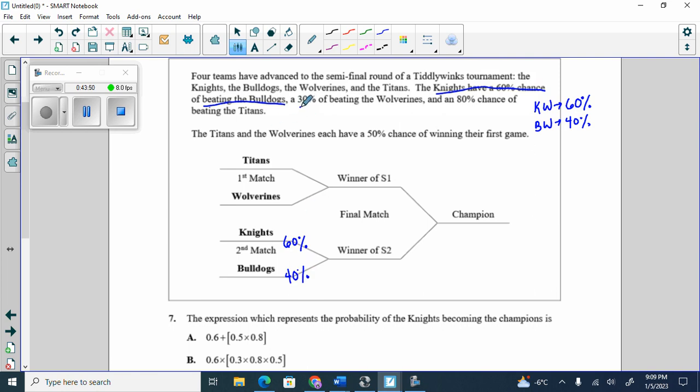Okay, then it says 30% chance of beating the Wolverines and 80% chance of beating the Titans. So the Knights have a 60% chance of beating the Bulldogs, and then a 30% chance of beating the Wolverines and 80% chance of beating the Titans. We'll deal with that in a second. The Titans and Wolverines have a 50-50 chance. So 50%, 50%.